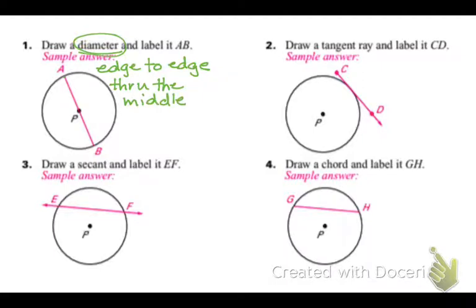A tangent ray touches at one point. It's kind of hard to see what point it is, but it touches at one point. And if you draw the radius, it will be a right angle.